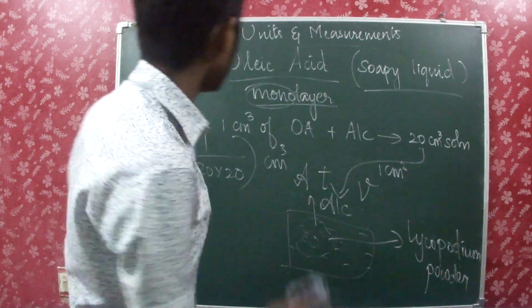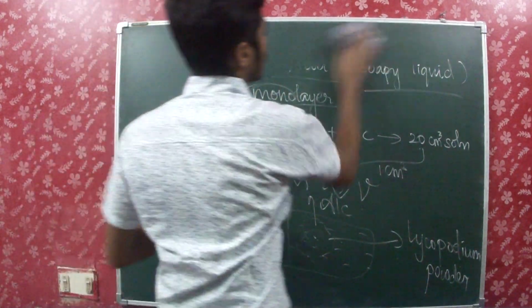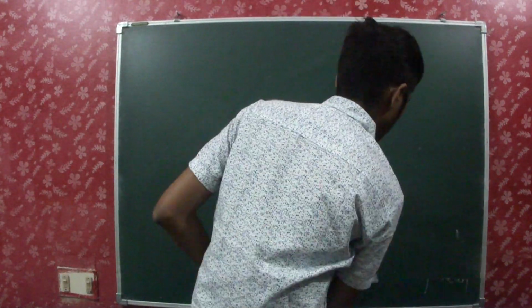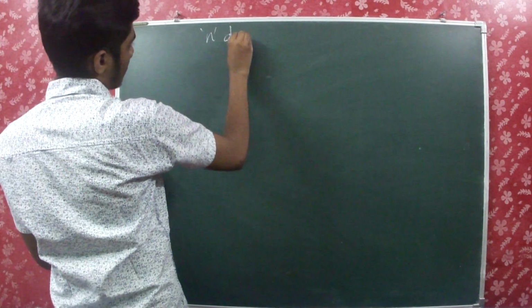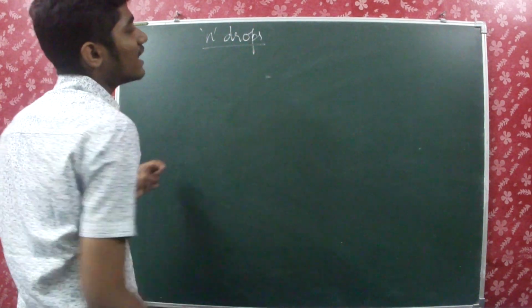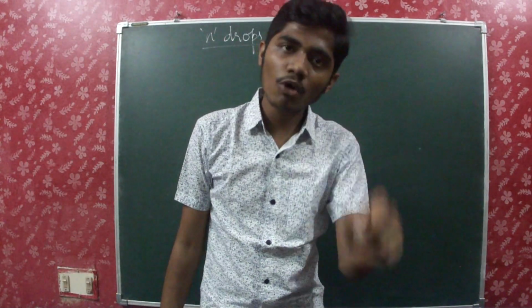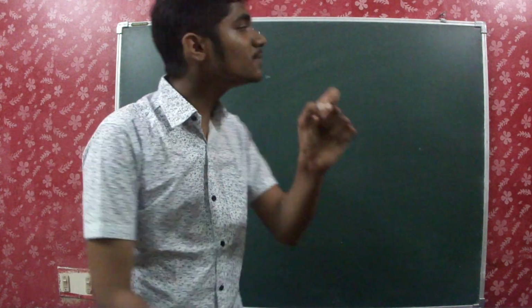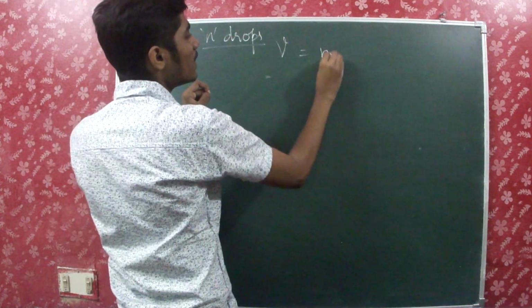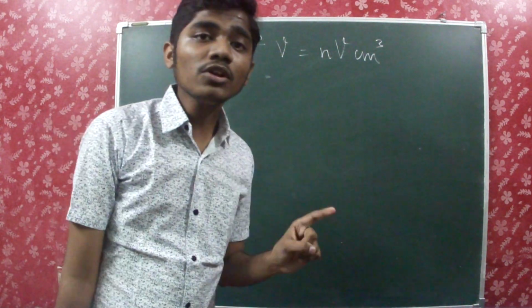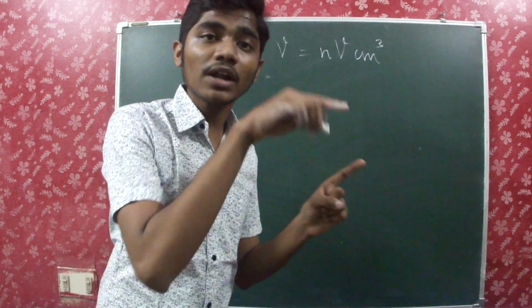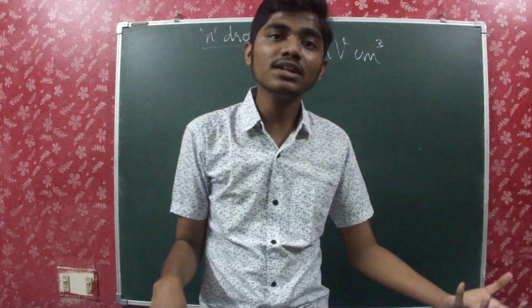So if I am adding n drops of the solution to the water, what will be the volume? It will be nV centimeter cube. Am I right? And I told you that the concentration of oleic acid is 1 by 20 into 20 in that final solution.